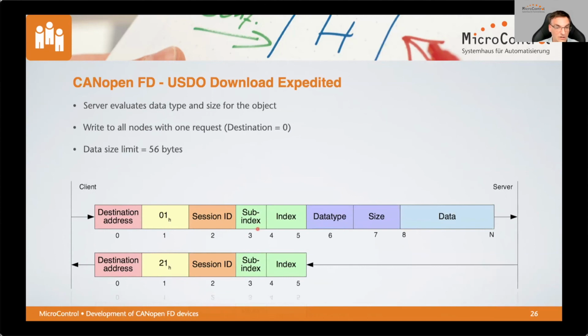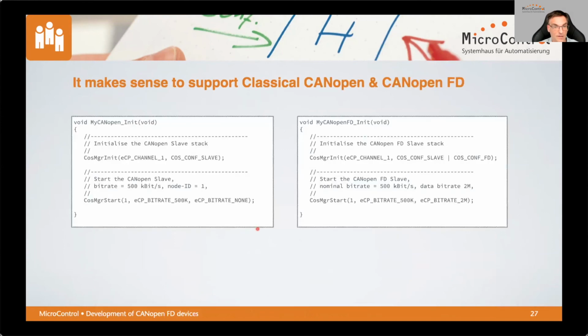I won't go into details here because you have already seen these new services from Rainer Zitzmann.